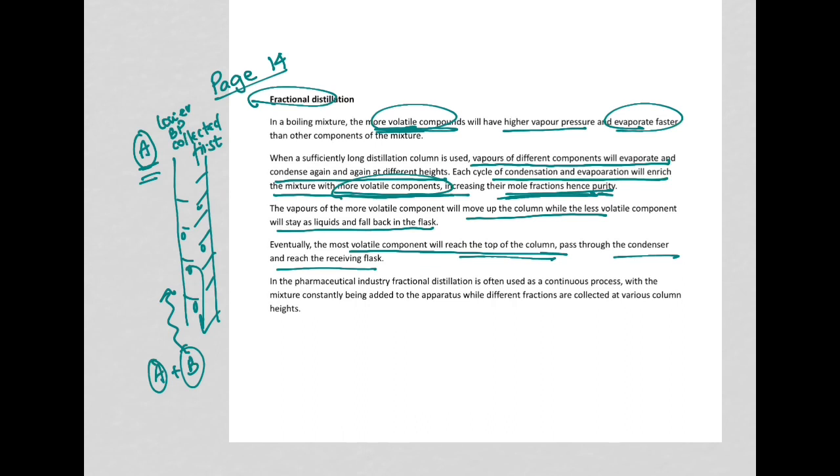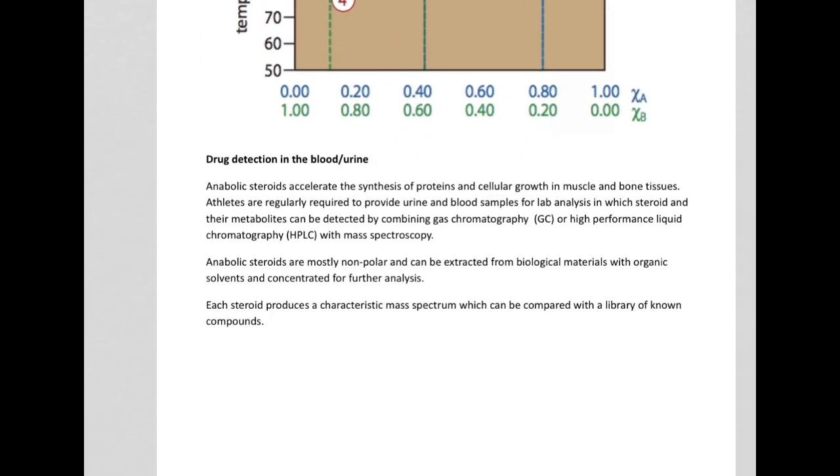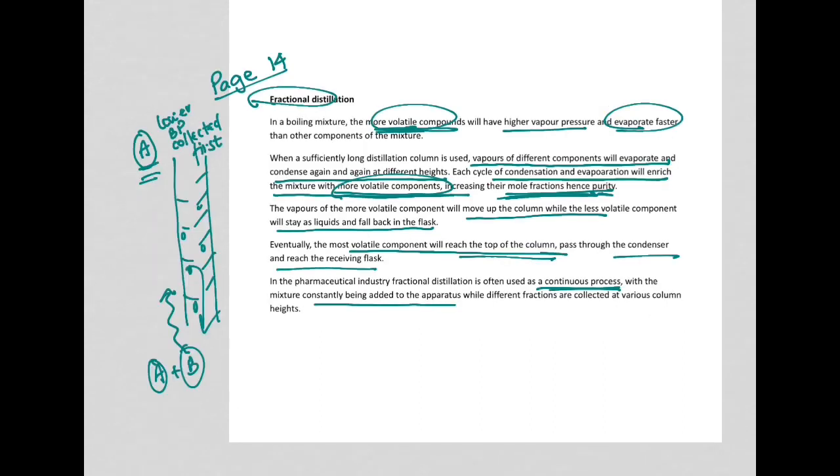And this is going to occur as a continuous process, which allows mixtures to be continuously collected and purified. Once we get the different samples, we can carry out mass spectroscopy, gas chromatography, or HPLC to further analyze what component we purified.